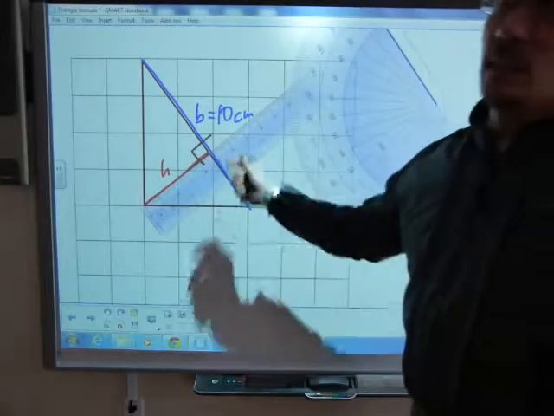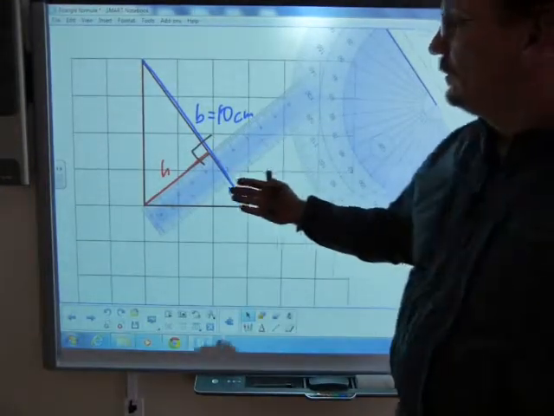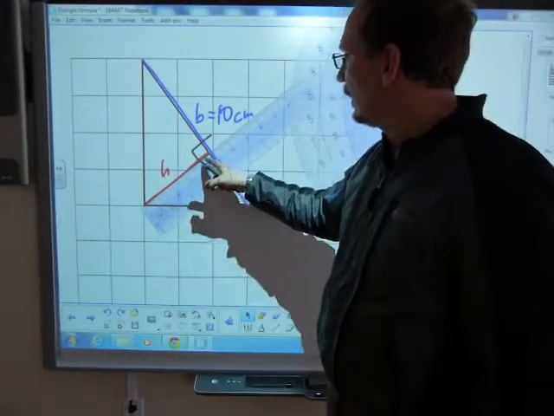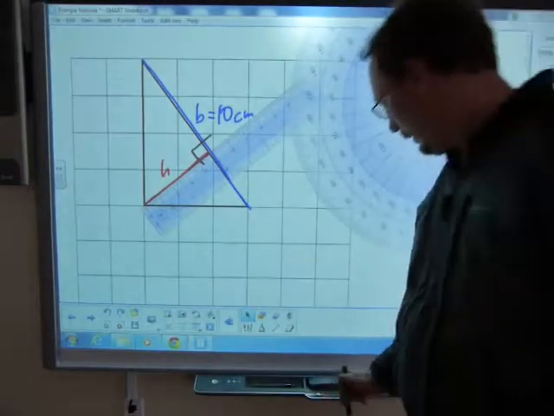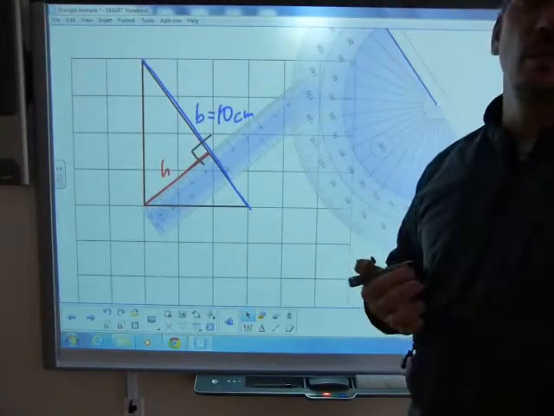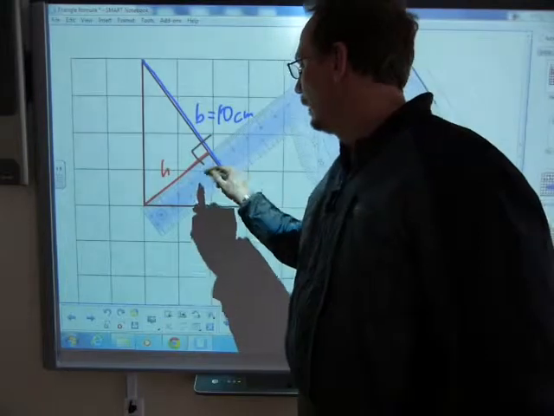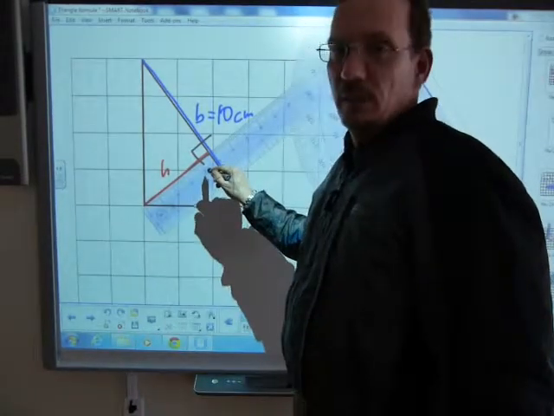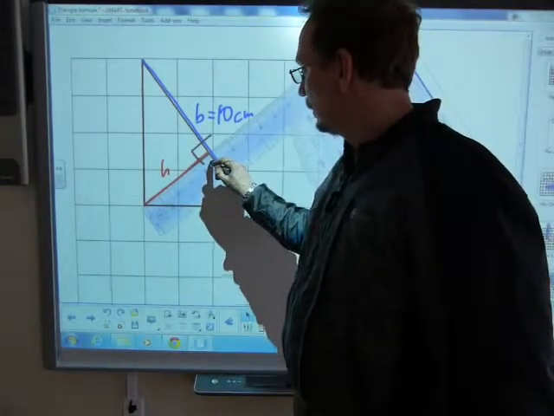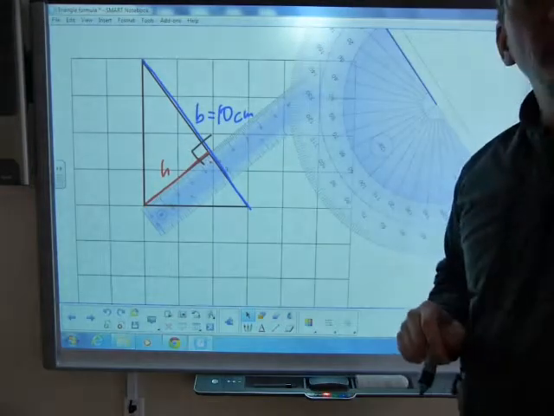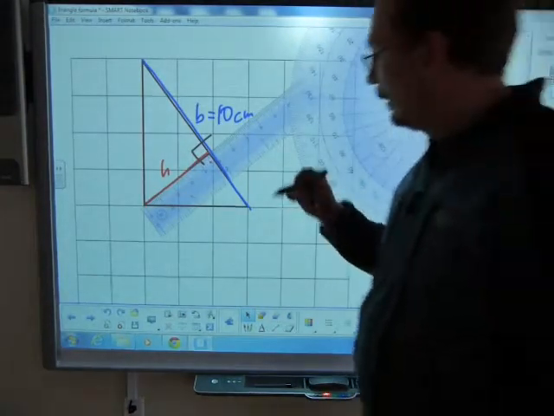I know my lines are kind of thick. So in this case, if you take a reading of the length of this height, you have to read the ruler really carefully here. That's 1, 2, 3, 4 centimeters. So far so good. You can see that's 4.5 centimeters.